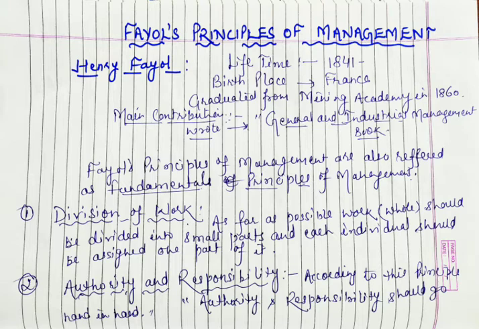And these 14 principles which are given by him in his book are known as fundamental principles of management. Since this contribution is from Henry Fayol, that's why these are also known as Fayol's principles of management. So these are 14 in number. We'll discuss. First principle is division of work.